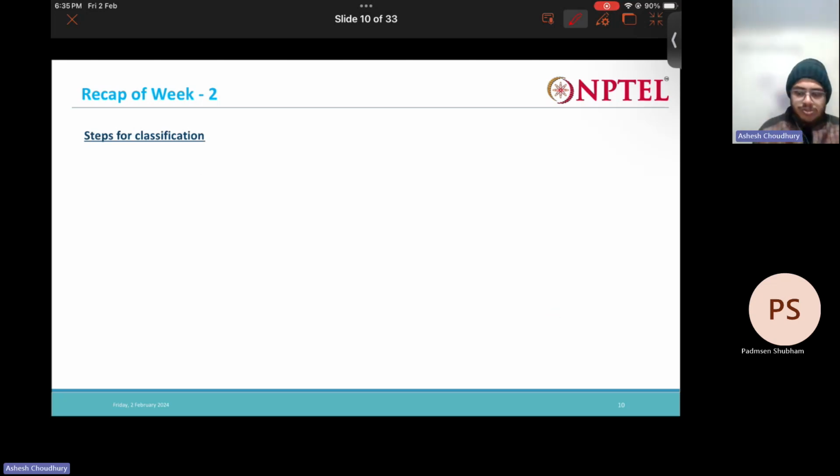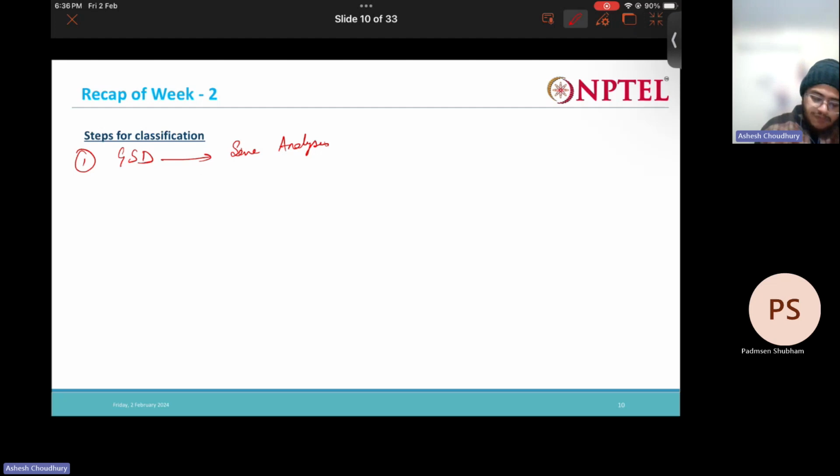Now, what are the steps for soil classification? So the first is grain size distribution. To plot the grain size distribution, how can we get this? From sieve analysis. We discussed sieve analysis in detail in the previous session, right?